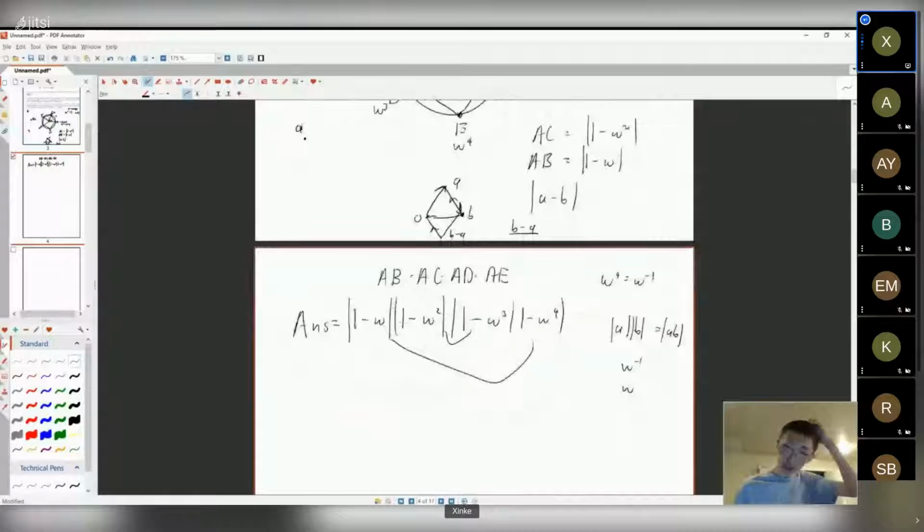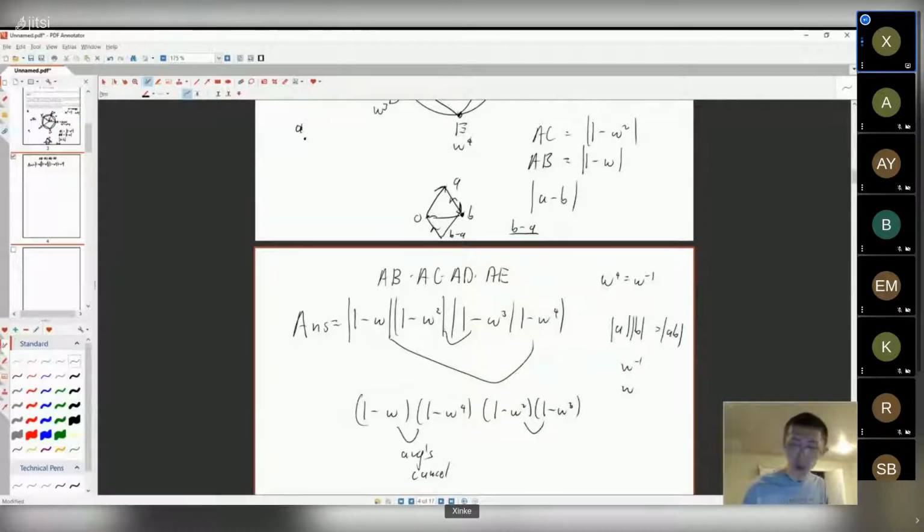So we can remove the absolute values, because this argument will cancel with this argument. So I'll just say arguments cancel, and similarly these two have opposite angles or arguments, so those will cancel. So it'll give a real number when you pair up like that.